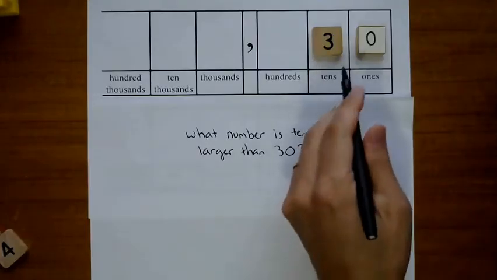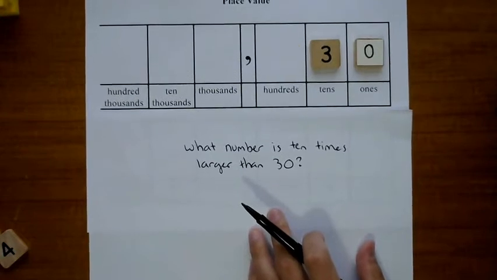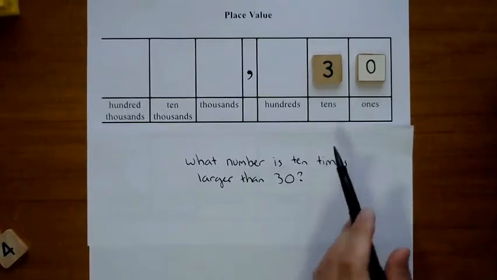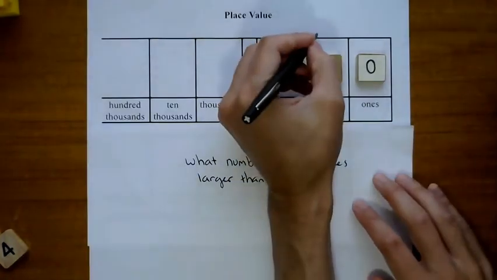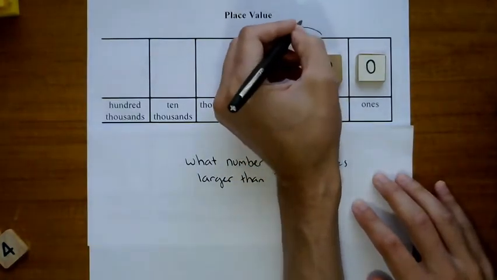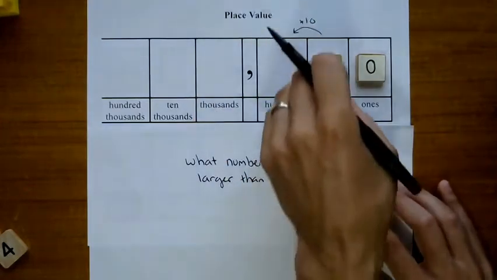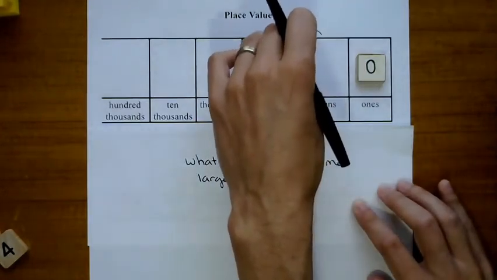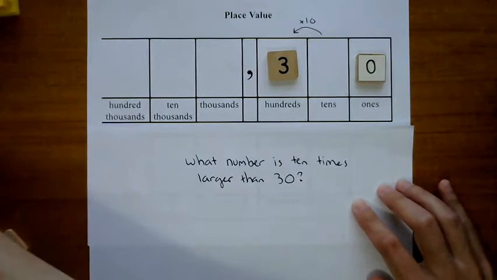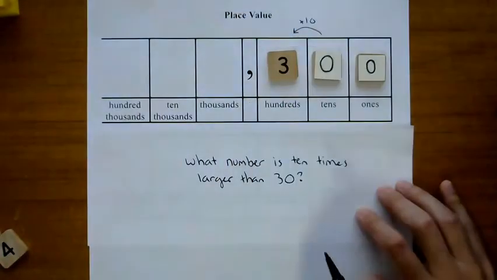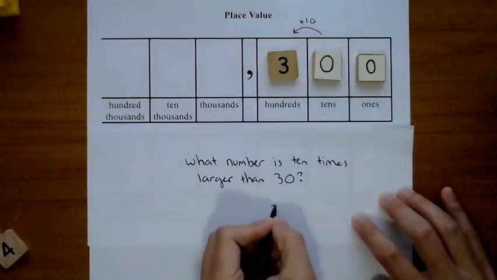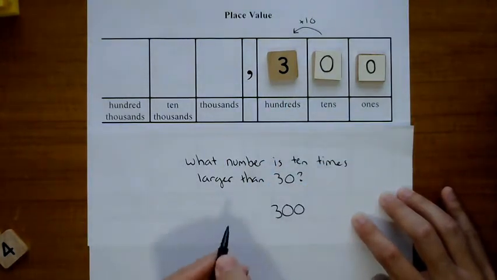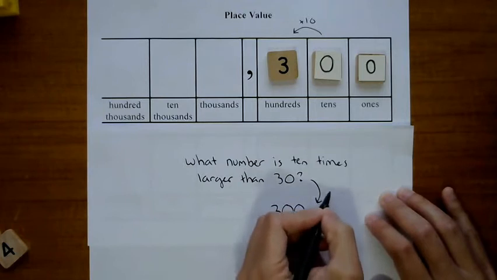Okay, so I've got 30 in our place value chart. What number is 10 times larger than 30? Well, remember, every time you go one place value over, it's 10 times larger. So if I just moved that 3 over to the hundreds place, and I'll put a 0 there so you can tell there are no tens anymore, then you get 300. 300 is 10 times larger than 30.